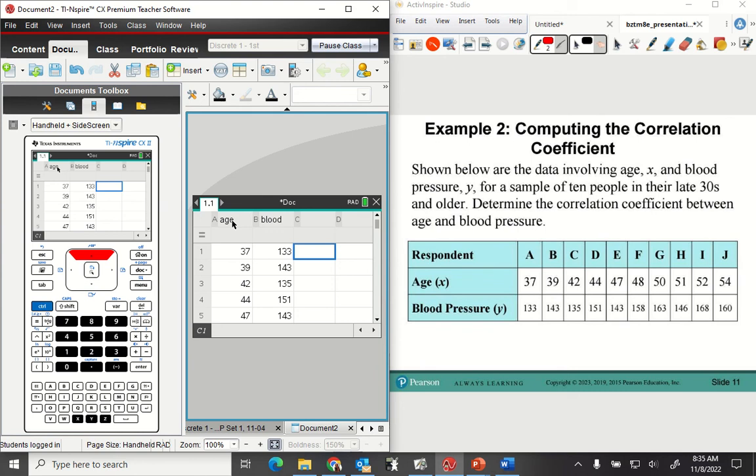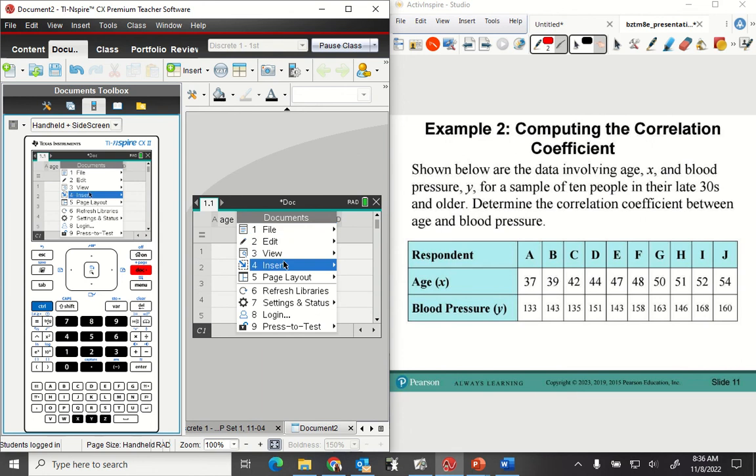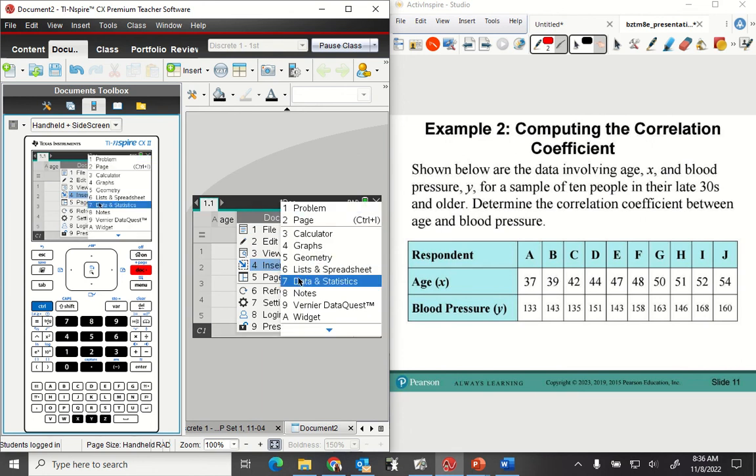Now, this one's going to be slightly different than what we've done before. So this time: document, insert, data statistics.